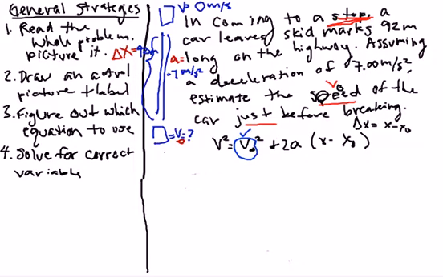So first off, delta x is equal to x minus x naught, so you can really just rewrite this as 2a delta x. Alright, from here, you want to subtract. Remember, undo the addition. And it must go to both sides.